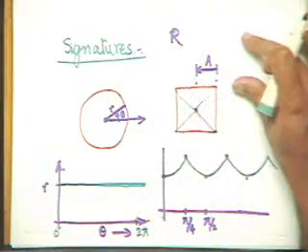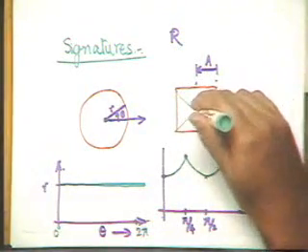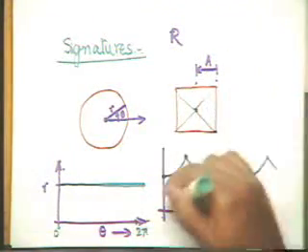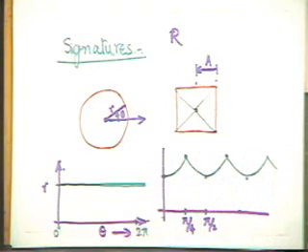Now again this kind of a signature, is it invariant with respect to translation, rotation and scaling? Obviously it is invariant with respect to translation, because even if we translate this square to somewhere else, still since it is with respect to the centroid, the nature of this curve is not going to change.